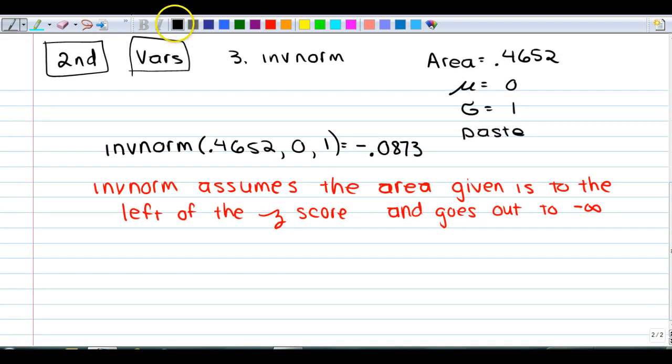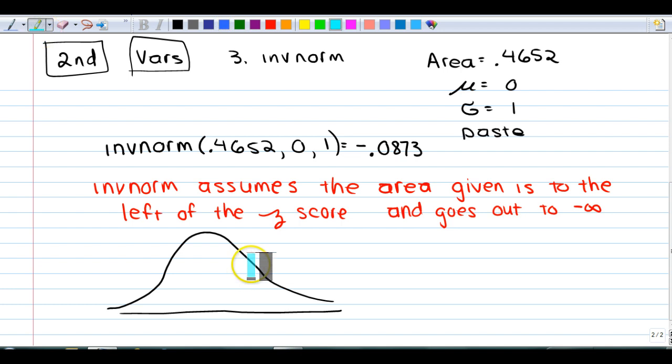So what would we do if we knew that this area was 0.3765 and we needed to know the z-score?